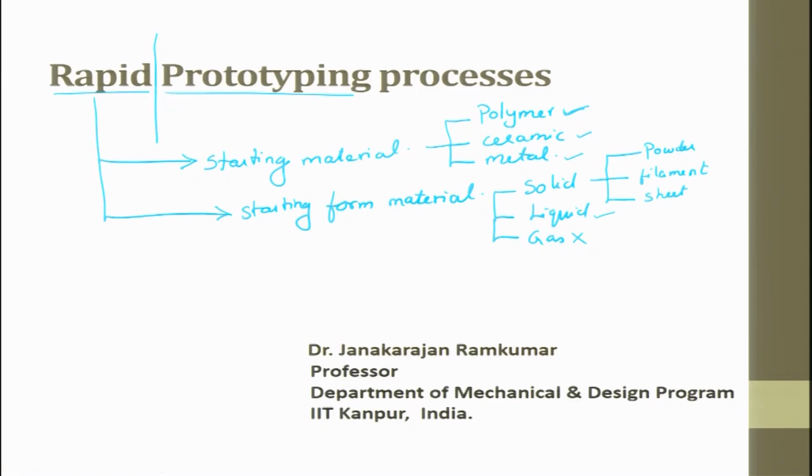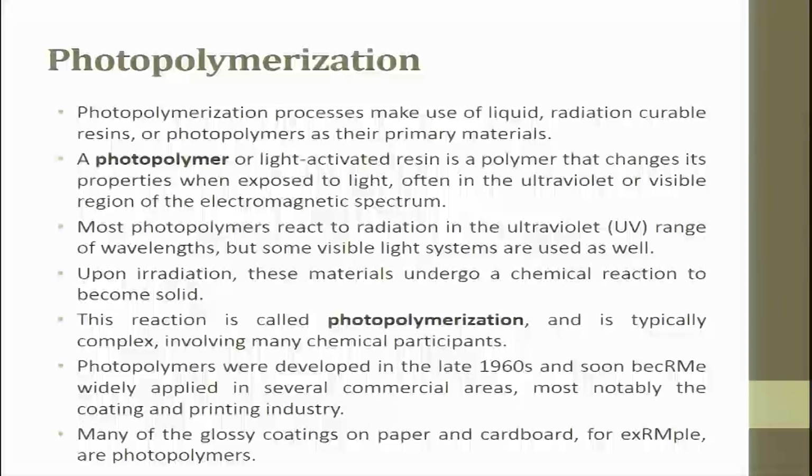So, depending upon the starting material, the rapid prototyping process cost, time and accuracy depend. So, with this basic fundamental understanding, let us keep moving. So, as I told you, polymerization. What is a polymer?